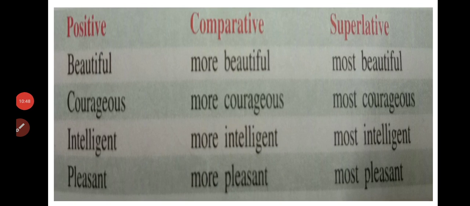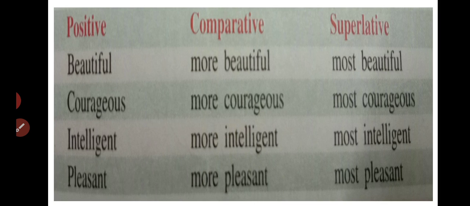Okay, another rule we are going to see. Here the positive forms of the words we have are beautiful, courageous, intelligent, pleasant. Okay, these are long adjectives. If we have short adjectives, we need to add ER in the comparative form, EST in the superlative form. But if we have long adjectives, we need to add more in front of the word in the comparative form and most before that word in the superlative form.